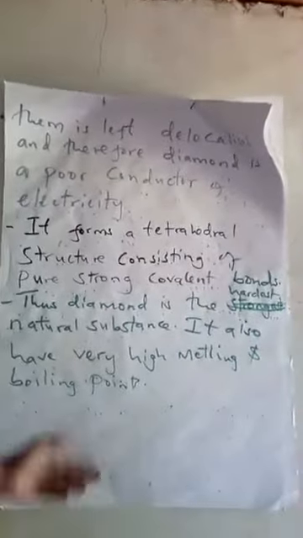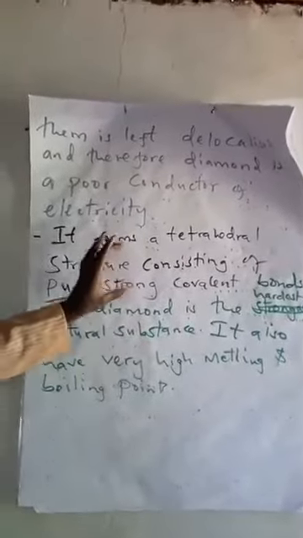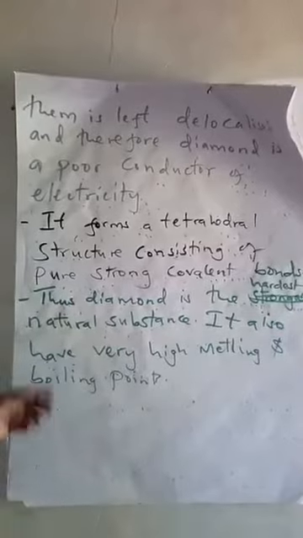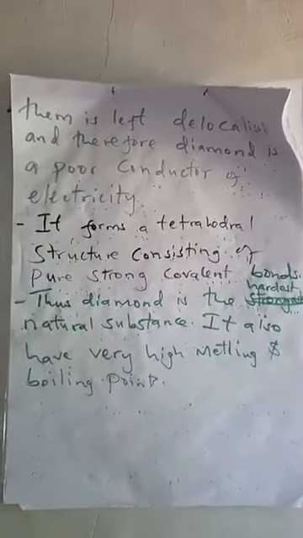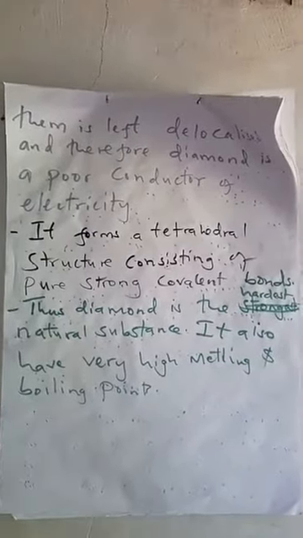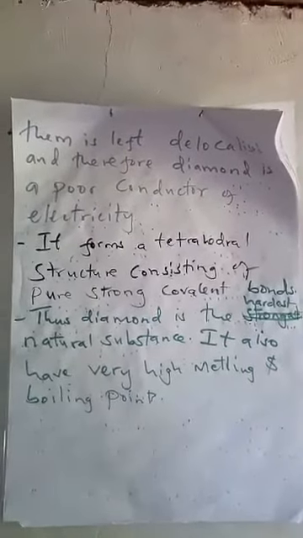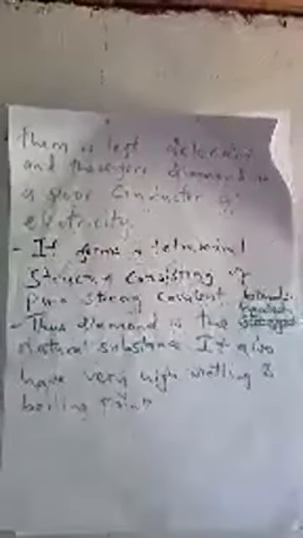The reason is because the bonds between it are strong covalent bonds. So that's what we can say about diamond. There are other things about diamond. You can find out by reading more about it. It's very interesting.